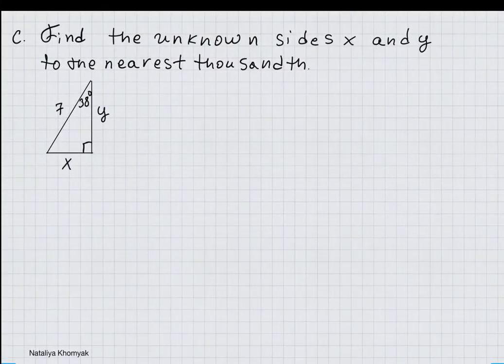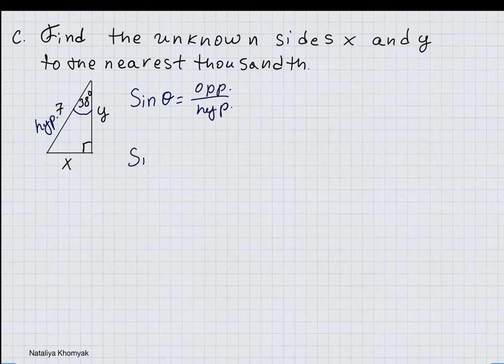Here we have to find unknown sides x and y to the nearest thousandths, and we are given the angle of 38 degrees and the hypotenuse of 7. So let's do sine of an angle equals opposite divided by hypotenuse.